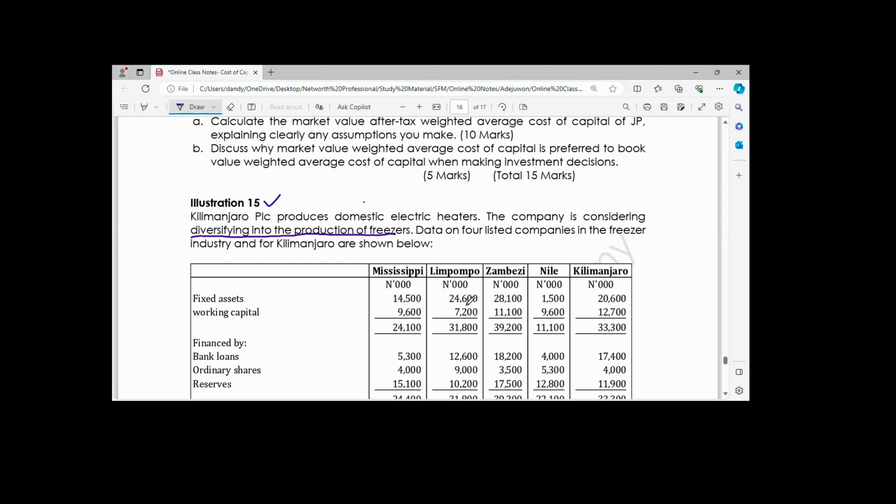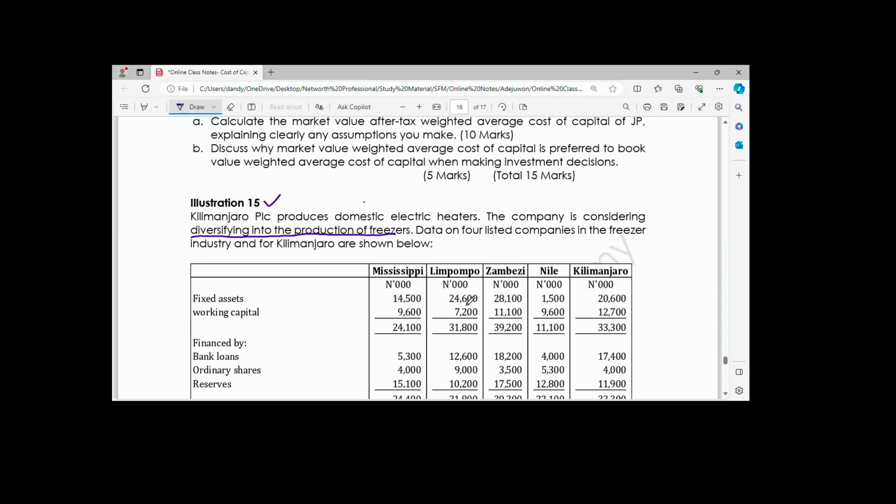You are now told further that the company is considering diversifying into the production of freezer. Now, this company, Kilimanjaro, wants to add to the portfolio of its products the production of a freezer. So since the company is diversifying and you are told in this question to calculate discount rates, it means that you are supposed to calculate project-specific cost of capital.